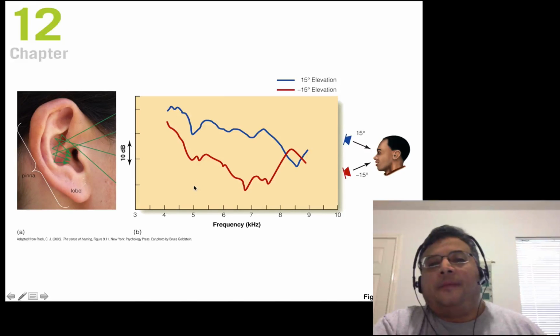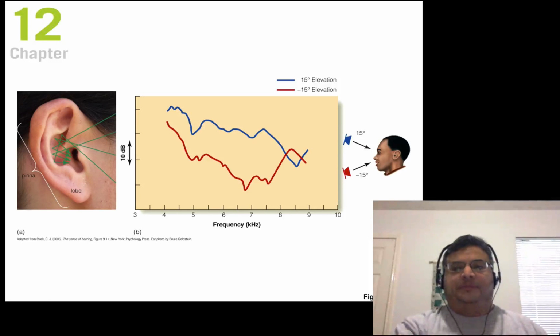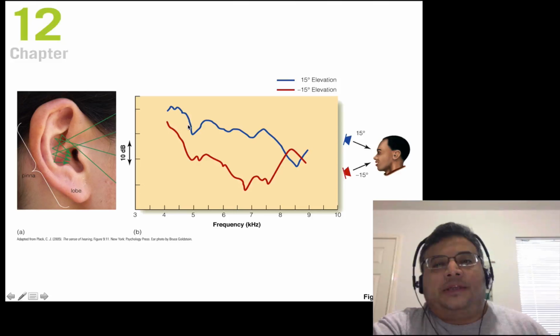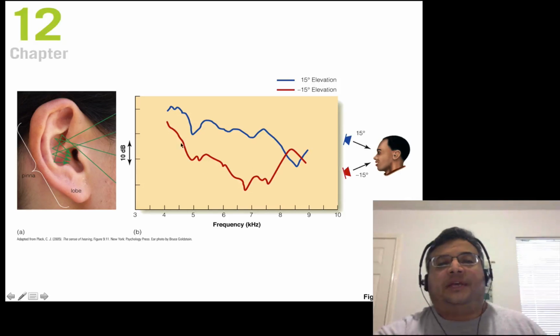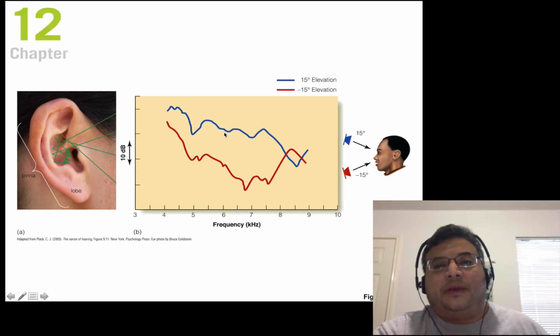And what you can see here is that sounds starting at about 4,000 cycles, when they come at us from either 15 degrees elevated or 15 degrees below us, are much higher in intensity than sounds as we get higher and higher in frequency. So the lower sounds going from 4,000 till about maybe 6,000 or so are a little bit higher in intensity than those sounds going from about 8,000 on to 9,000.